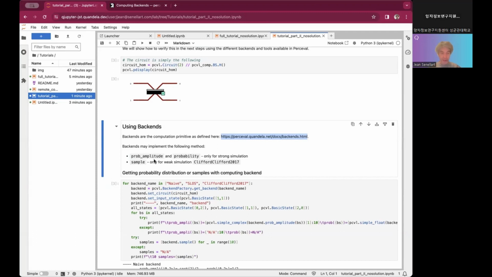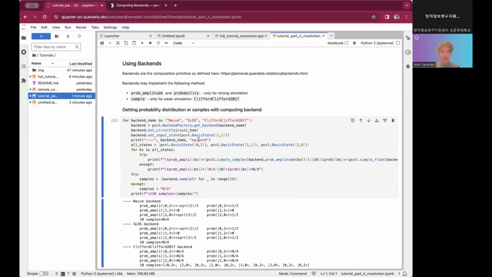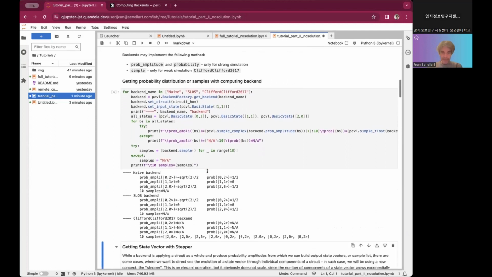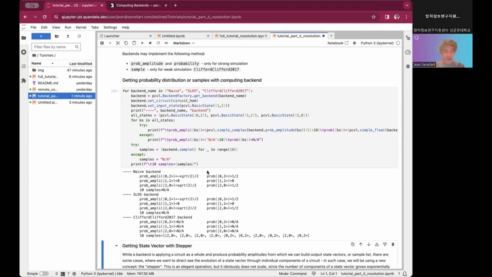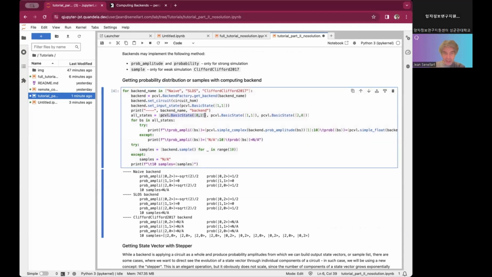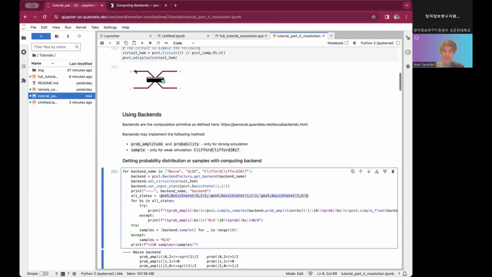So let's go back there. I'm running this. What you see is that I'm running the three backends that I mentioned, Naive, SLOS, and Clifford. For each of them, I will be testing three different quantum states in the output. Since I'm sending two photons, what are the different states I can get?